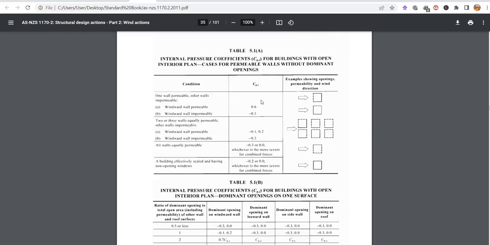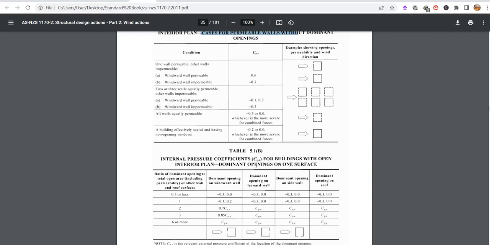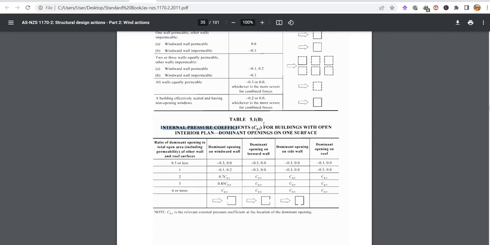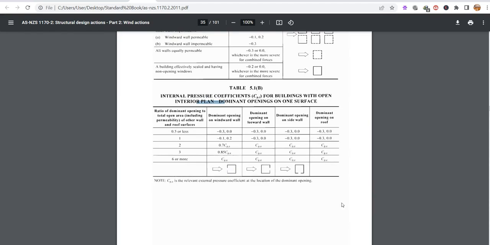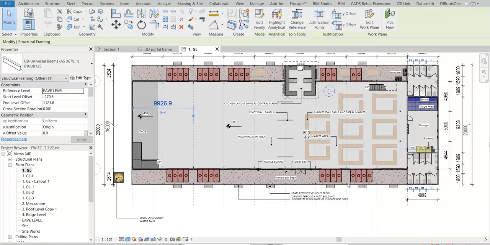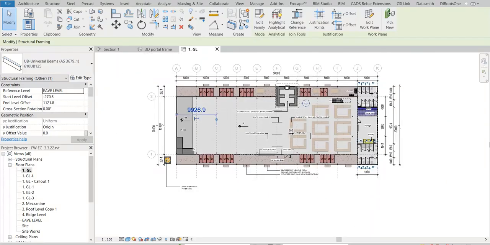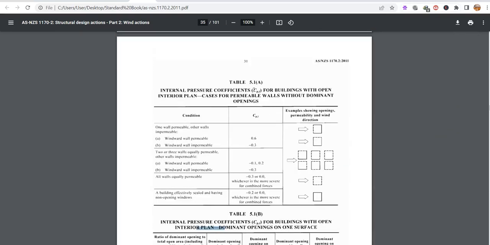Yes, this is my internal wall pressure for buildings with open plan cases for permeable walls without dominant opening. So I'm going to use table 5.1b? Table 5.1b says internal wall pressure coefficient for buildings with open internal plan and dominant opening. No, I don't have a dominant opening here. There's no dominant opening here. So I'm going to use the first table, which is table 5.1a.